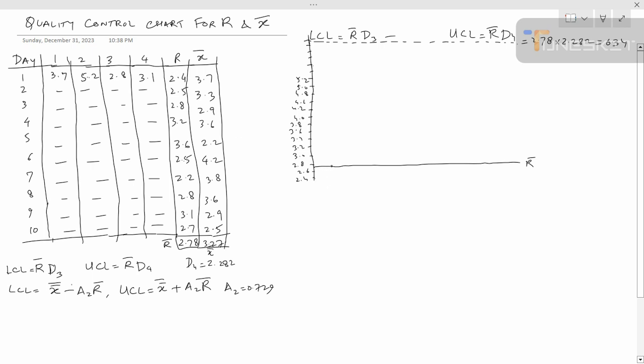Now these we will mark over here: 1, 2, 3, 4, 5, 6, 7, 8, 9 and 10, and we locate the positions of the range values each day accordingly.